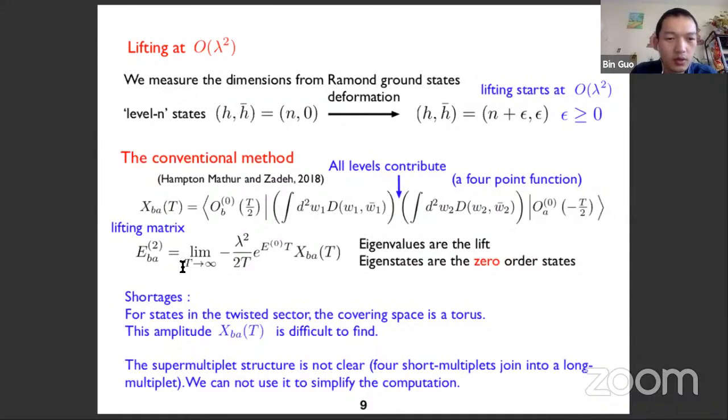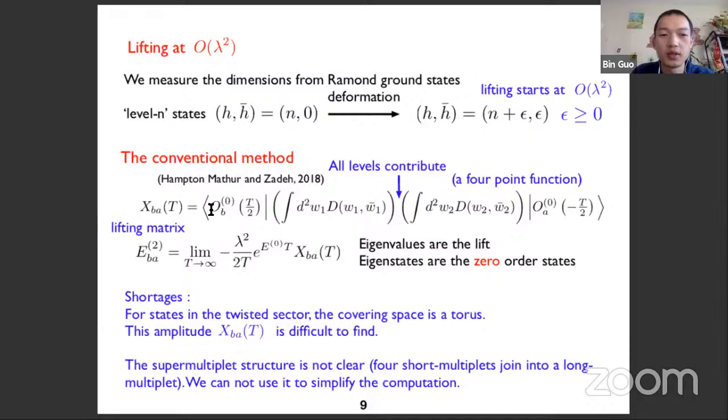Okay, it seems we can use this method to compute the lift. However, there are some shortcomings for this method. The first is, if these O states are in the twisted sector, then the covering space is a torus. So usually it's difficult to find this amplitude explicitly. The second thing is the supermultiplet structure is not clear.